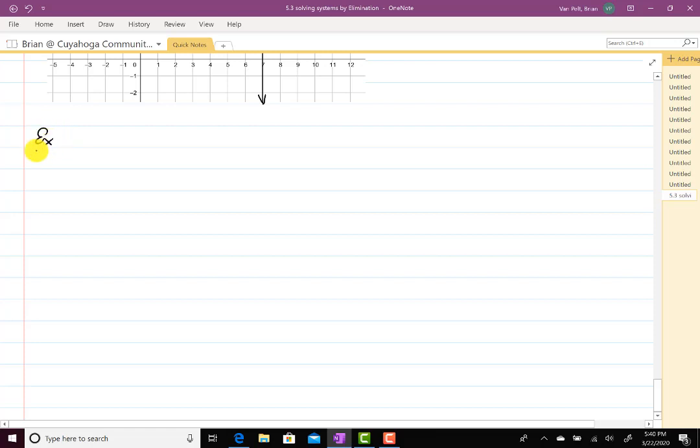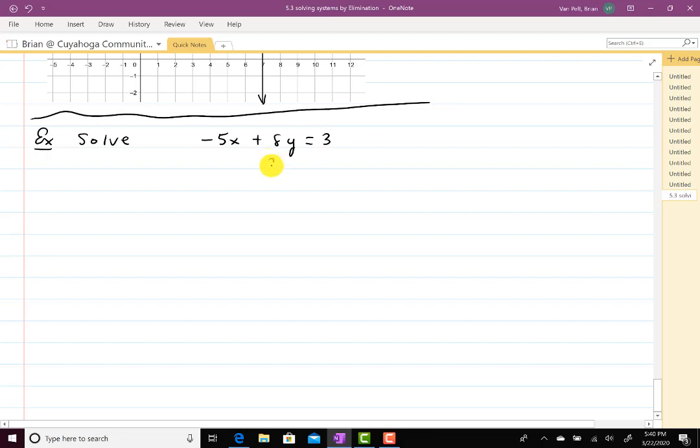And then one last example. Once again, solve. We have negative 5x plus 8y equals 3. And for the second equation, I have 2y equals 2 minus x, like so.